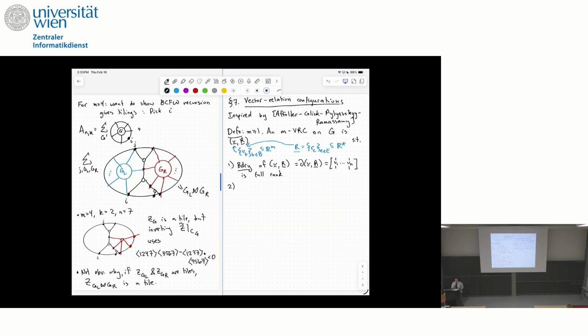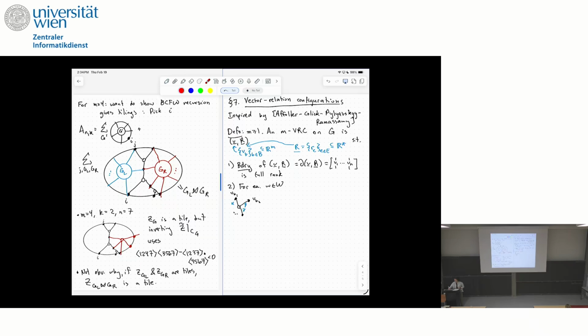And then the more substantial condition is, for each white vertex of my graph, surrounded by black vertices. On each black vertex, I have a vector, so I've got like v_b1, v_b2, etc. And on each edge, I have one of these numbers, alpha, beta, gamma, etc. Each white vertex must give me a real linear relation among my vectors.